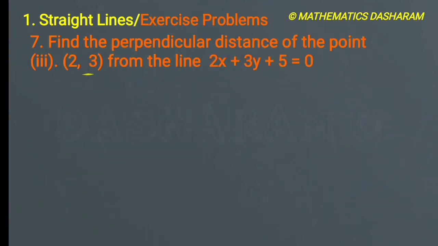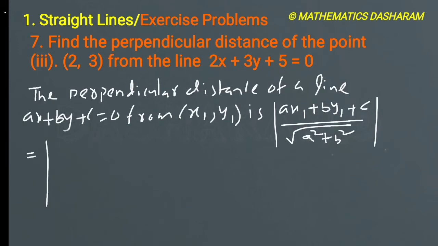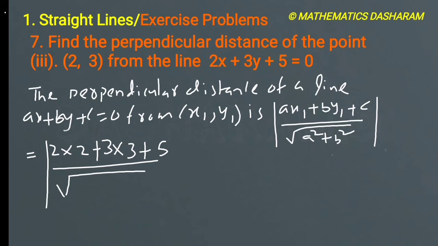Third question, the point 2 comma 3 and the line is 2x plus 3y plus 5 equals 0. So it is equal to mod, a value x coefficient, that is 2, into x1, that is 2, plus b value y coefficient 3 and y1 is also 3, plus c constant number 5, divided by under root a square plus b square.